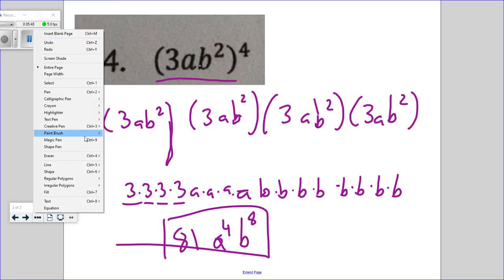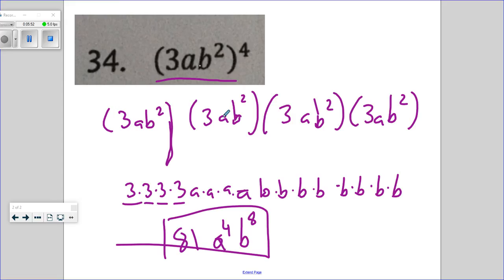Now, the shortcut, until you understand this, I don't think really makes sense. If you think about it, 3 to the fourth power is 3 times 3 times 3 times 3, which is 81. And then A times A times A times A is A to the fourth power.